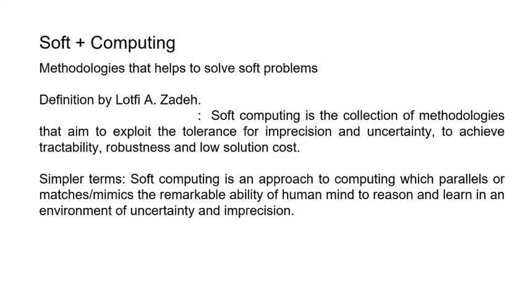So in simpler terms, I am repeating, if the problems have impreciseness or uncertainty, then using soft computing methods, we can say that they have a tolerance rate to deal with them. So that is what soft computing is.